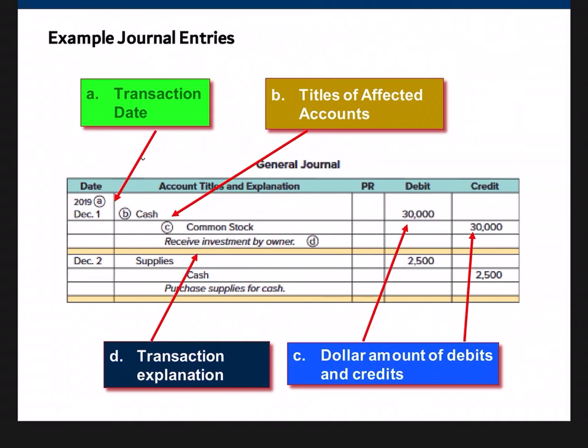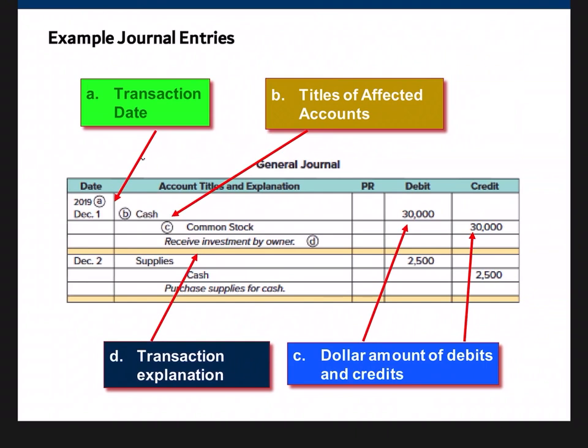The second point is to recognize that the debit and credit columns must always balance. Now, that doesn't mean that you always have to have a corresponding single credit amount that matches the debit amount. For example, we might have a situation where we have a $30,000 debit, and then we have one account that's credited for $25,000 and a second account that's credited for $5,000.